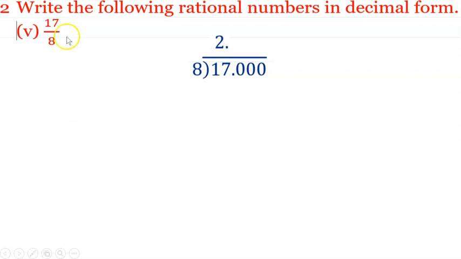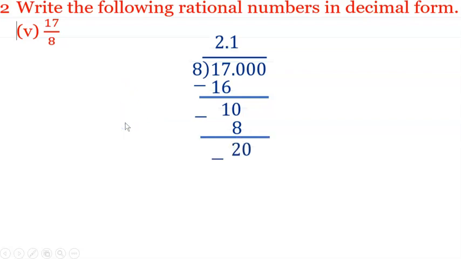Next 17 upon 8. Now here we will divide. 8 twos are 16. 17 minus 16 gives 1. Again the decimal point. Then 8 into 1 gives 8. That is 10 minus 8, 2.